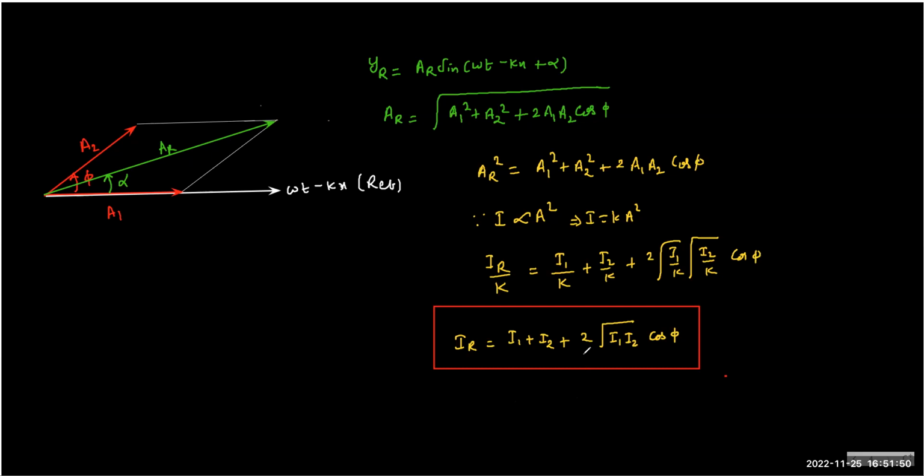The term beyond I1 plus I2, this term is called the interference term.